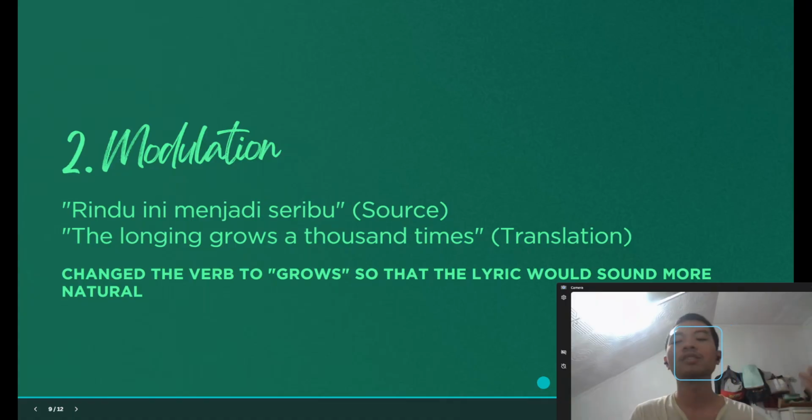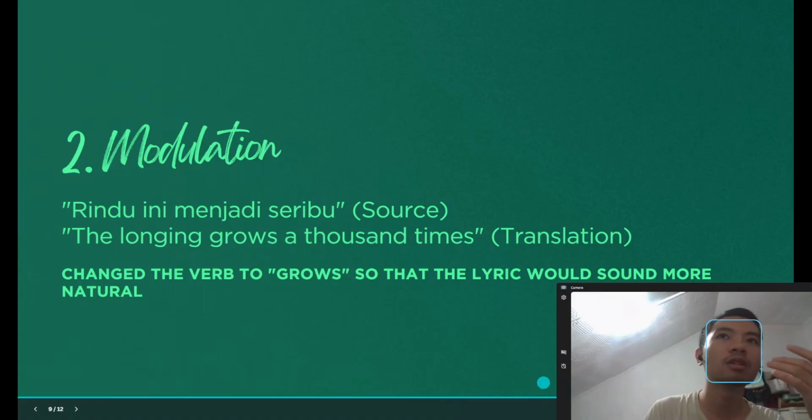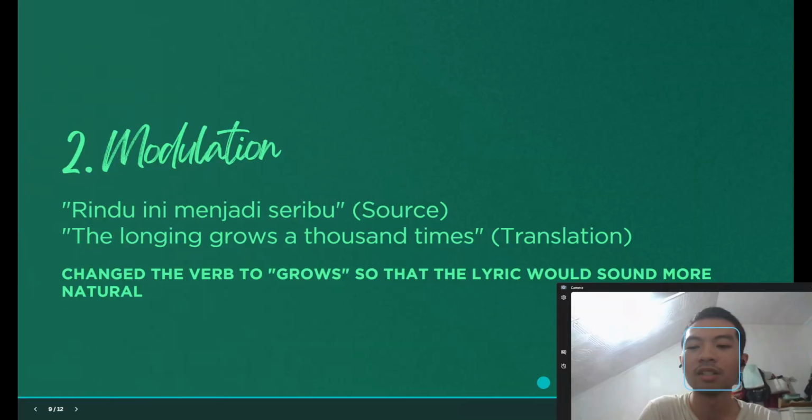Why? Because if I use literal translation technique in English, it's a bit weird to hear it, like "the longing becomes 1,000." I have no idea what it is.